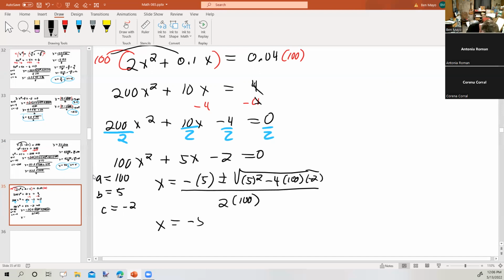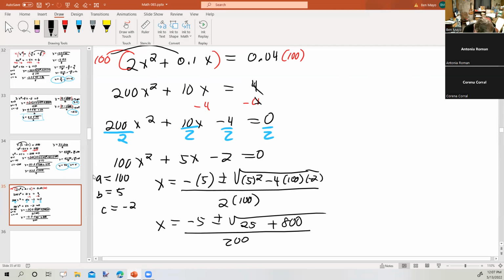X equals -5 plus or minus the square root of 5 squared is 25 minus 4 times 100 is minus 400 times -2 would be plus what, 800 all over 200. Okay.